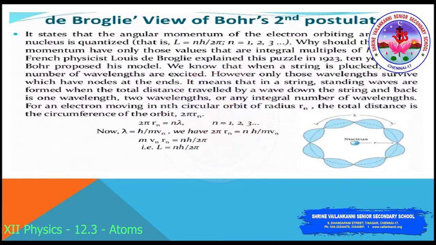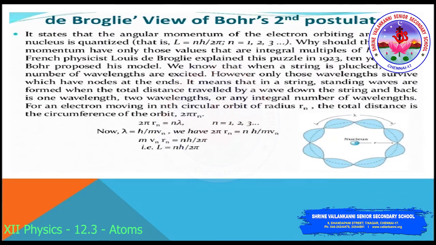It states that the angular momentum of the electron orbiting around the nucleus is quantized. That is, we know that L is equal to nh by 2 pi. Why should the angular momentum have only integral multiples of h by 2 pi?